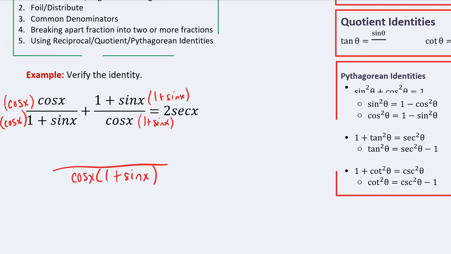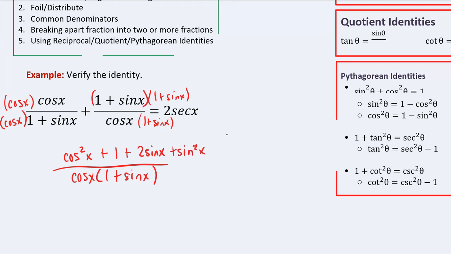And on the numerator, we have cosine times cosine, which is cosine squared, plus, if we FOIL this out, this is 1 plus sine times 1 plus sine, first, outside, inside, last. That'd be 1 plus sine, which is 2 sine, and then sine times sine, which is sine squared.